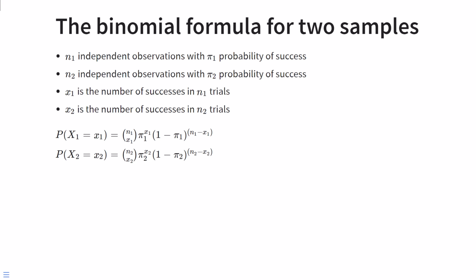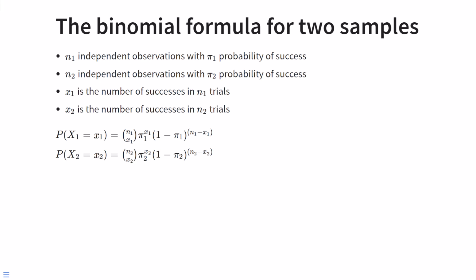We actually can end up with two binomial formulas. That is, we can calculate the probability of having a certain number of successes in the morning and a certain number of successes in the afternoon, that is, the probability that we will observe some value that we set for x1 and x2.